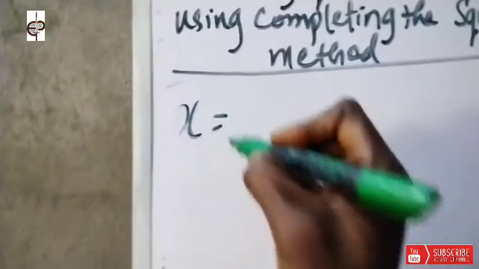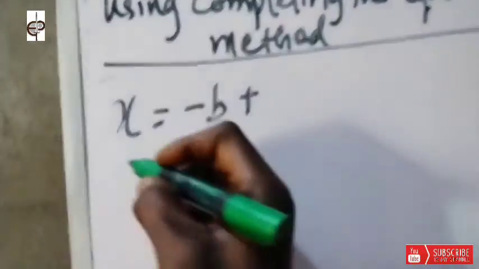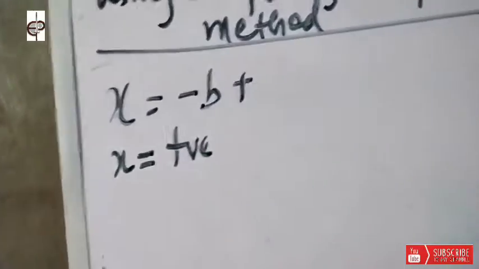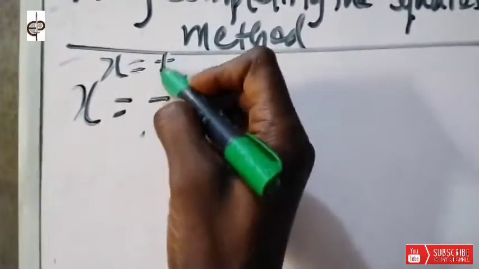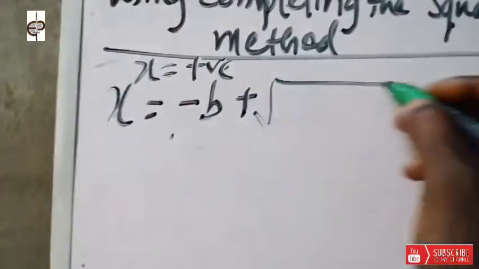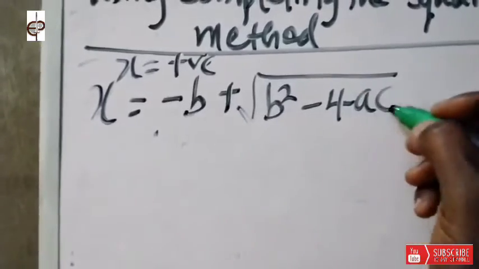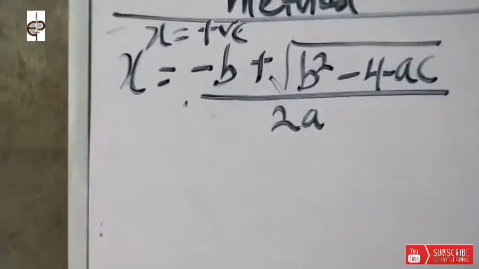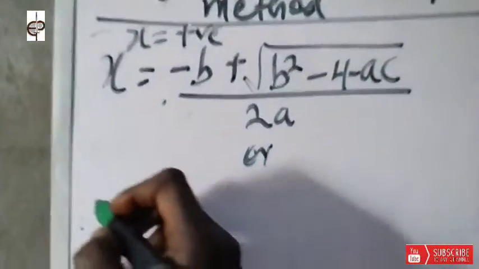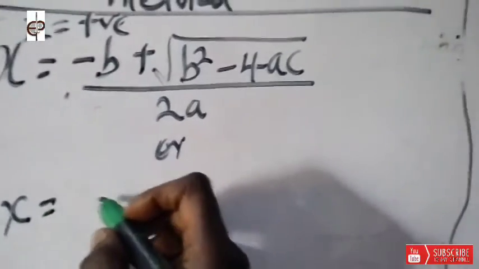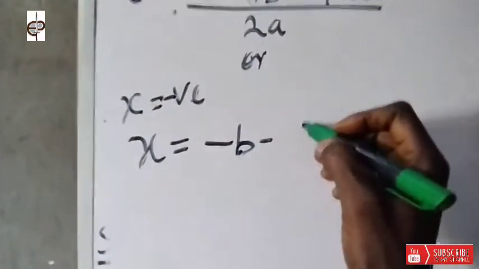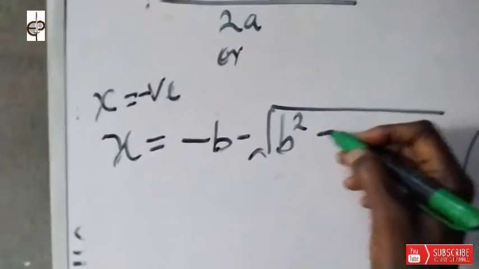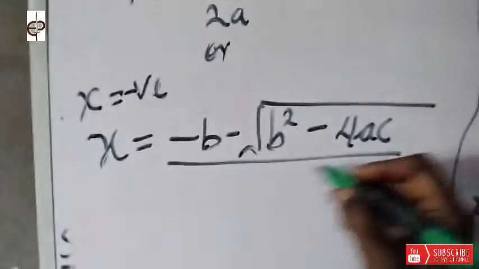The implication of that is that x will either be, when it is positive, minus b plus the square root of b squared minus 4ac all over 2a, or when it is negative, x is equal to minus b minus the square root of b squared minus 4ac all over 2a.